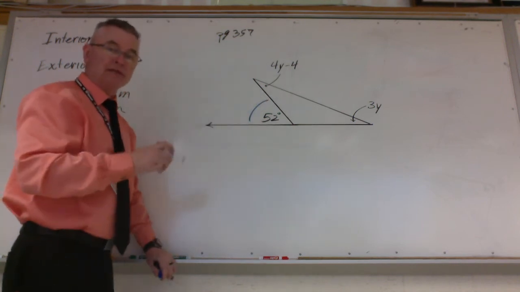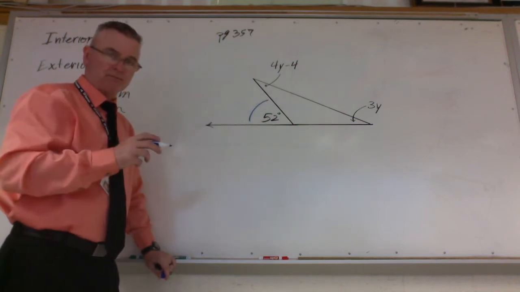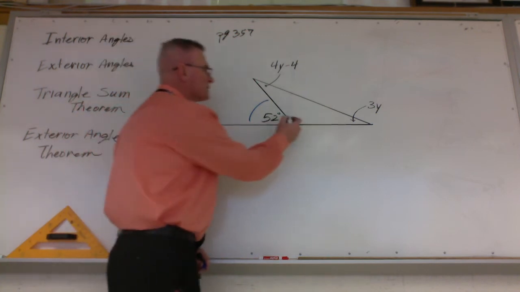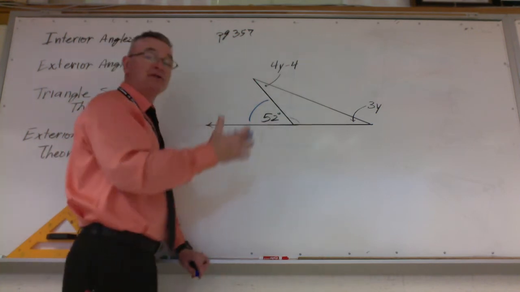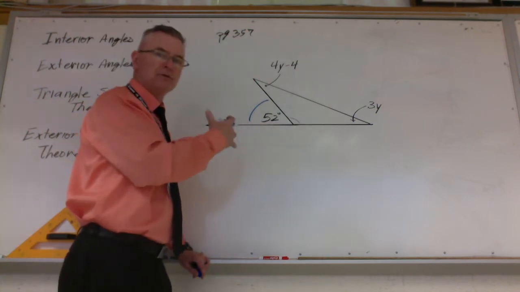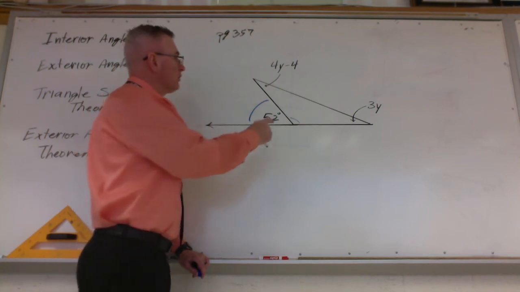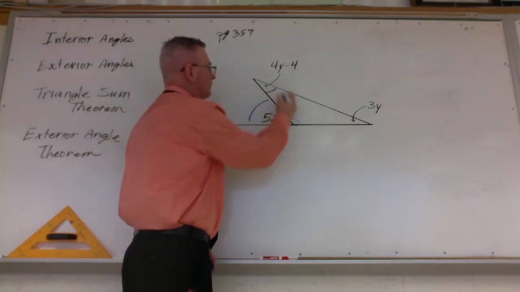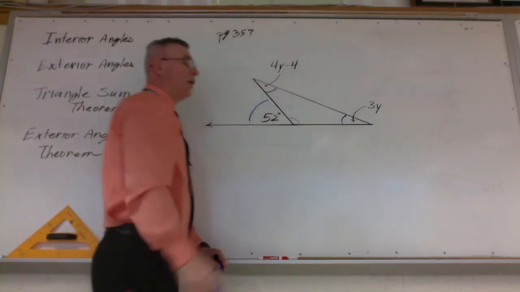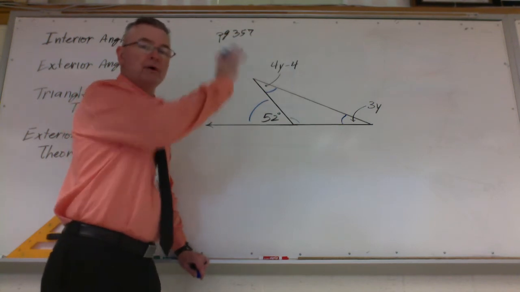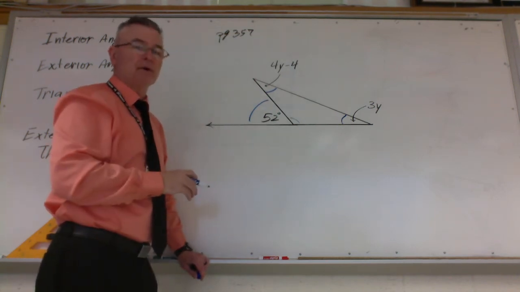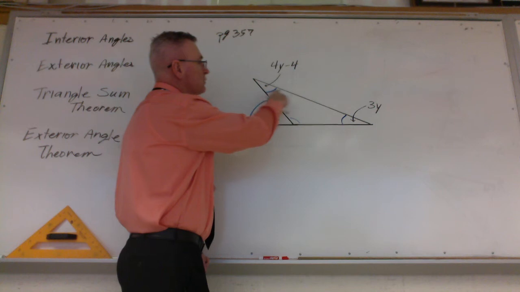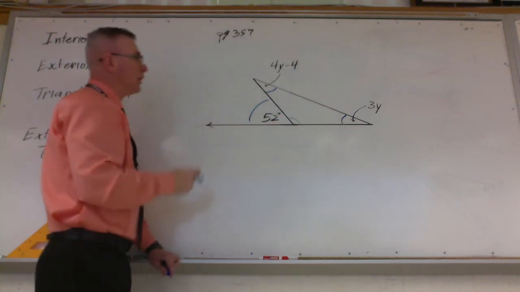Remote means not next to. This is the angle that is adjacent to the 52-degree angle, so these two here are the remote interior angles. We want to know this one and this one.